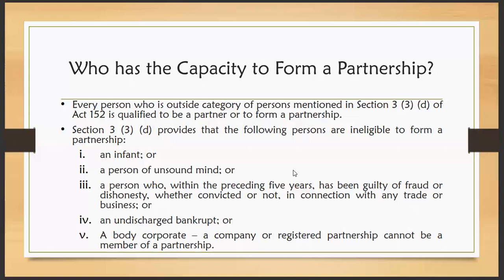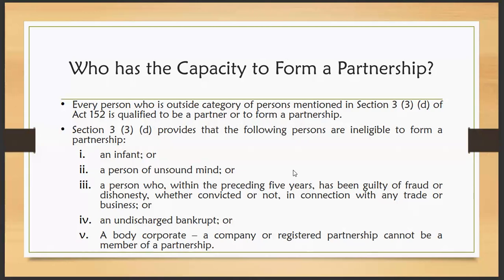Of course, if you look at section 3, subsection 3, paragraph D, subparagraph III, in the light of the recent Supreme Court decision on a similar provision in the Companies Act, that it is unconstitutional to say that if a person has been charged with an offense and has not been convicted, that disqualifies the person from being appointed an officer or director.